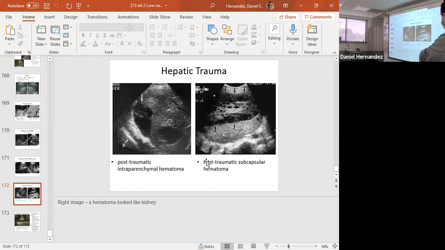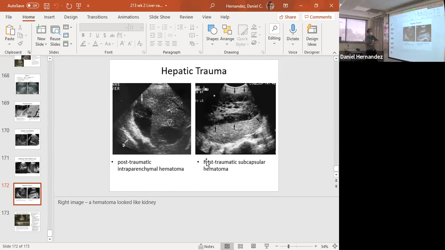In instances where we have hepatic trauma, we can develop hematomas. Hematomas are going to appear very heterogeneous. They'll have mixed echotexture, so you have areas that appear more cystic, areas that appear more echogenic or hyperechoic.